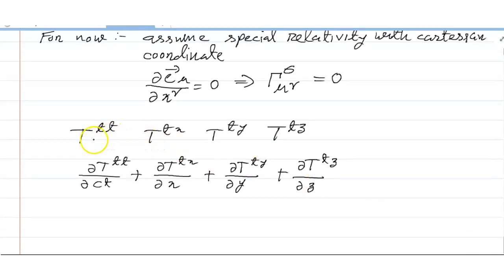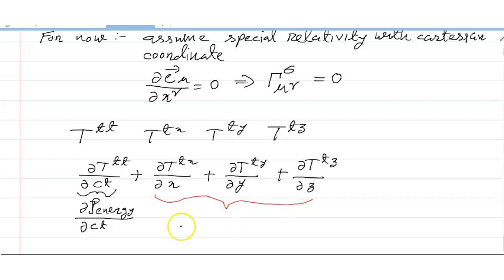This is the divergence. Now T^{00}, which is rho energy, gives del rho energy divided by del ct, and this portion is nabla dot T^{0i}.